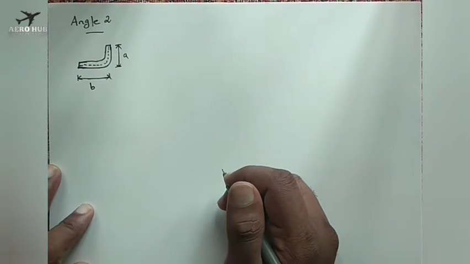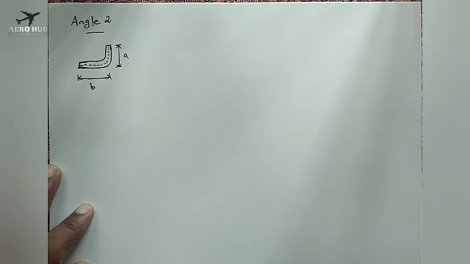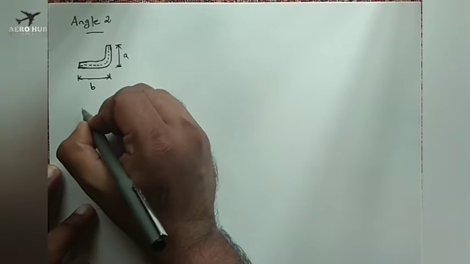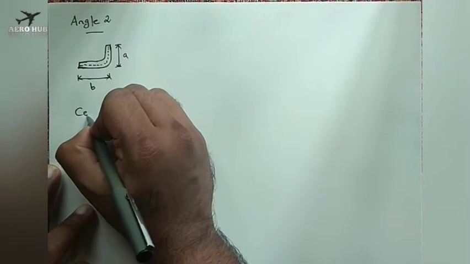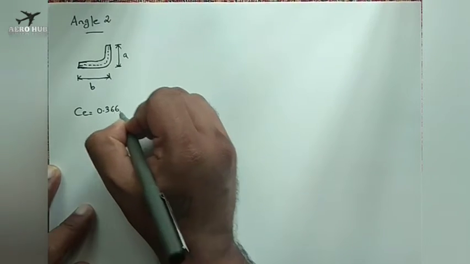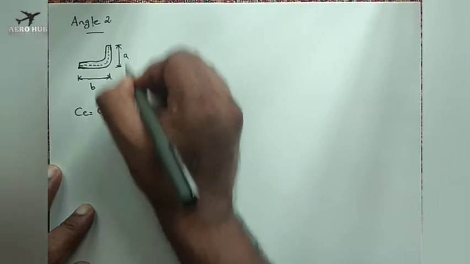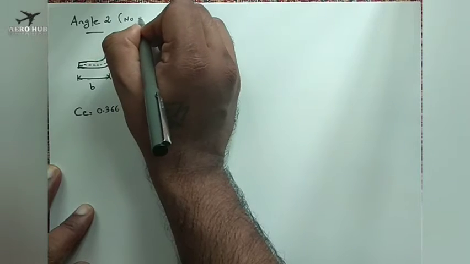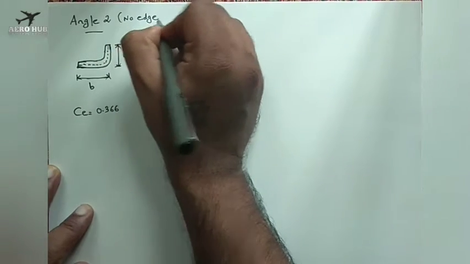You can see that the values of A and B are the same for angle 1 and angle 2, and the value of CE here will be 0.366, because for angle 2 there is no edge free.